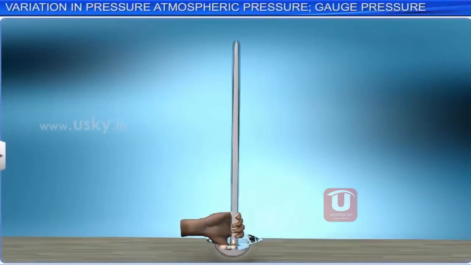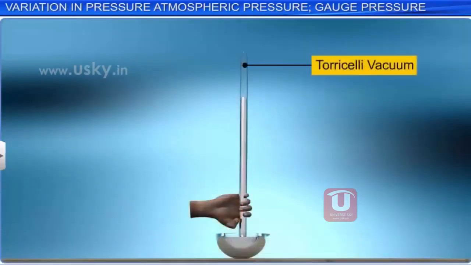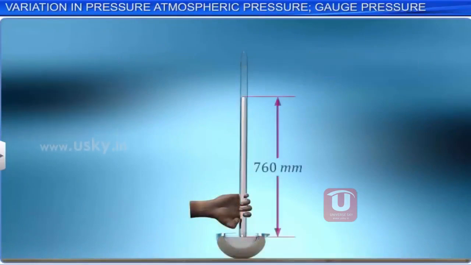The height of the level of mercury in the tube is nearly 76 centimeters or 760 millimeters above the free level of mercury in the trough, which is equivalent to 1 atmosphere. There are different units of measurement for atmospheric pressure.